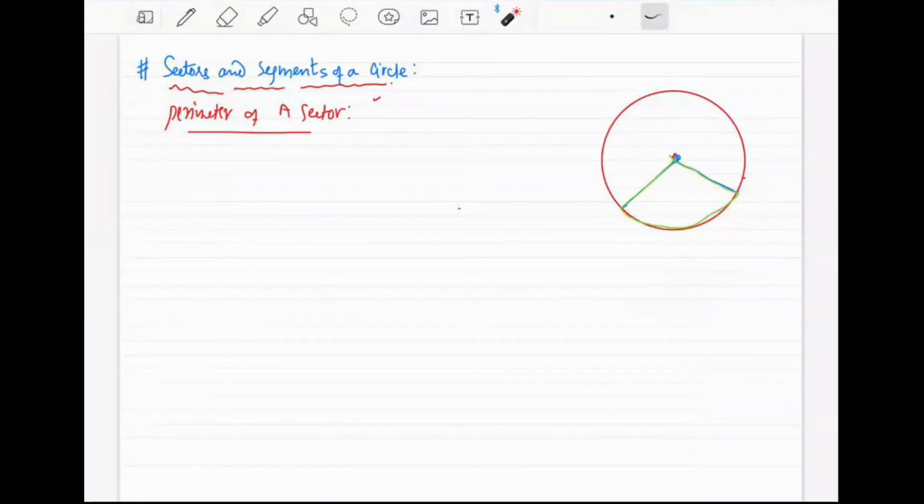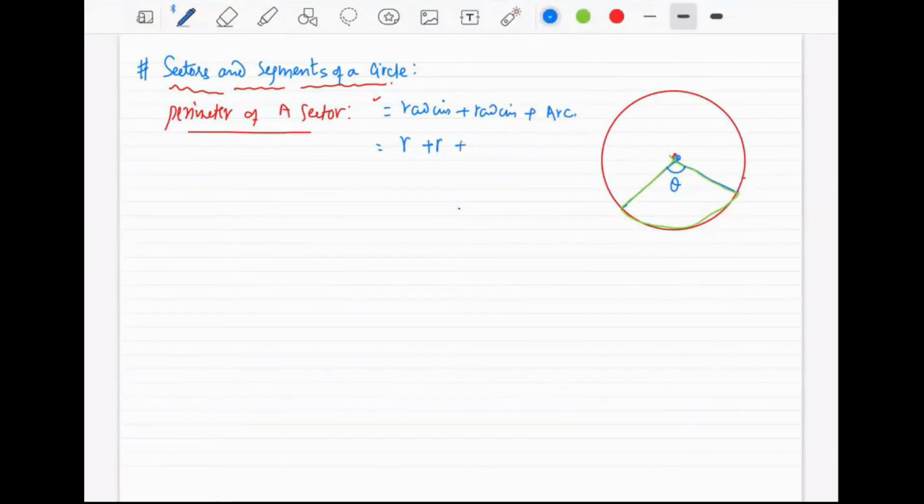So the perimeter of a sector consists of three parts: radius plus radius plus arc. The radius is represented by r, the other radius is also r. What about the arc? We have just calculated it.